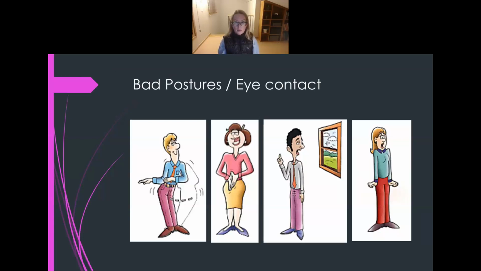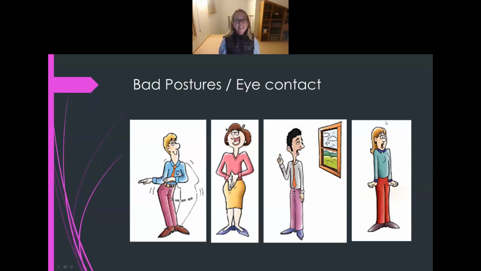Okay, so here we've got some more examples of bad postures. He's swaying, moving around, so don't sway. Here she looks really, really stiff, right? He's looking out the window. I have seen students look out the window during presentations. Then she looks really scared, like she saw a mouse or something.